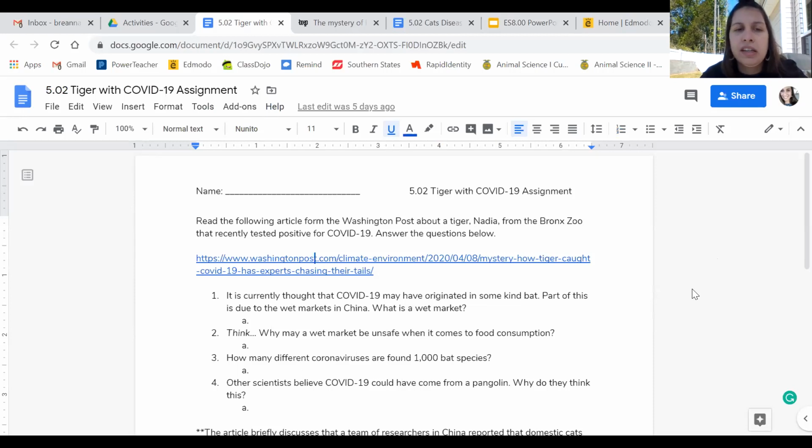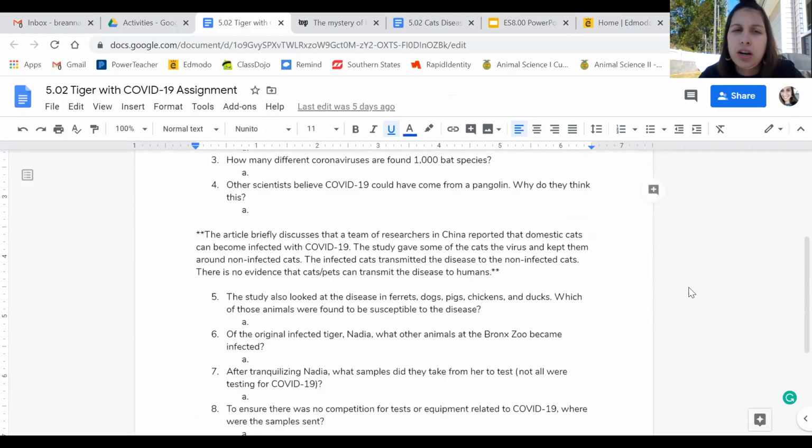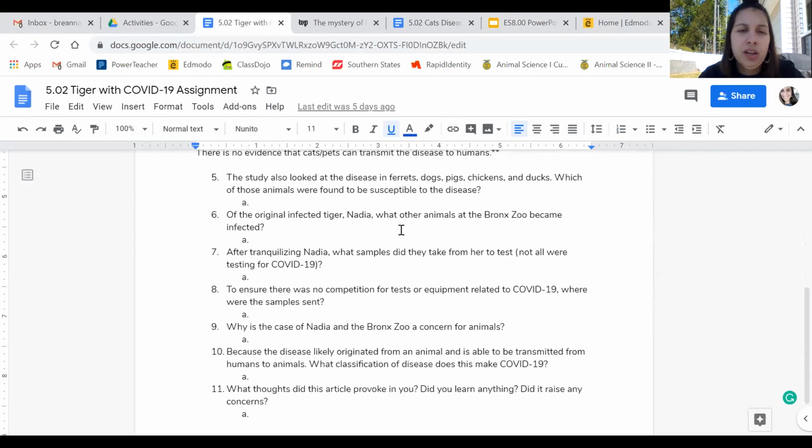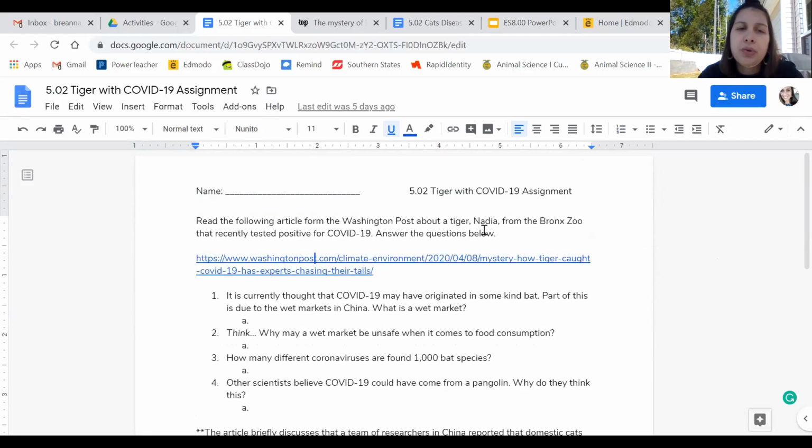But after the tiger, her name was Nadia, tested positive for it, people are really starting to look at what animals are susceptible, and why these animals got it. So the article goes through that and gives you some backstory. It's 11 questions. Go through it. I think it's really interesting to think about while we're having to sit at home dealing with the same exact virus.